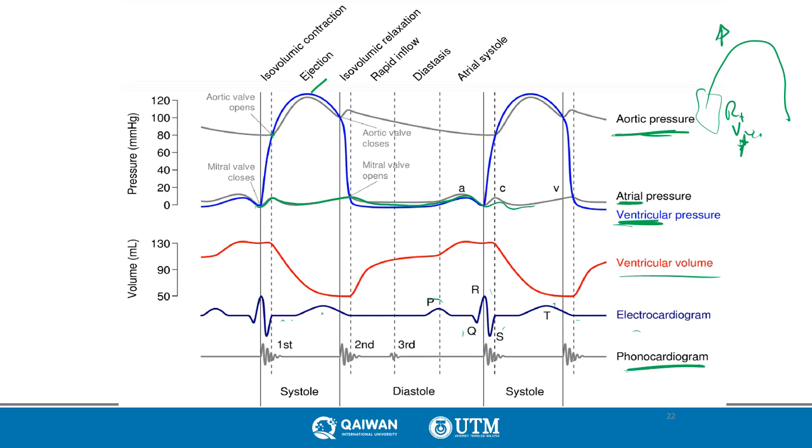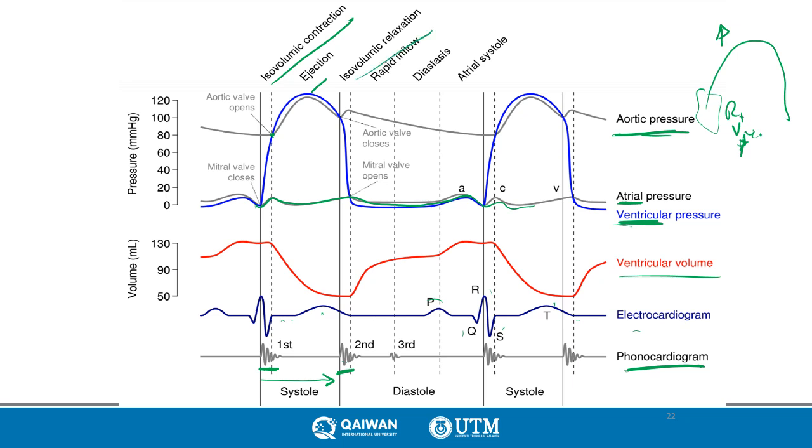In terms of the phonocardiogram, the sounds of the heart heard by using the stethoscope: the first sound will take place during the isovolumetric contraction. The second sound will be heard at the end of the systole during the isovolumetric relaxation.